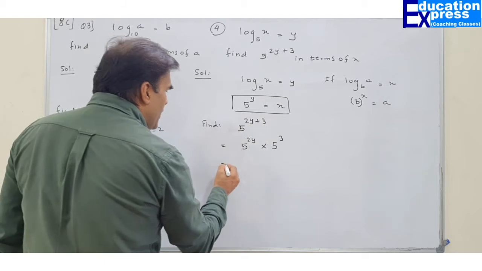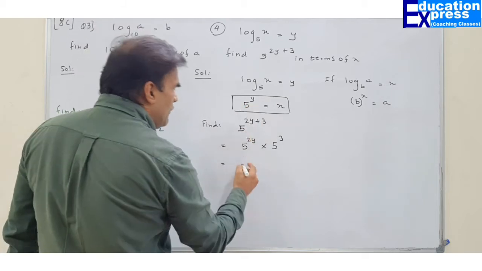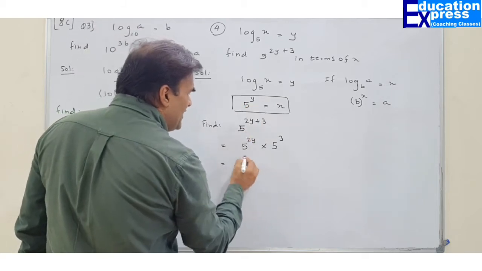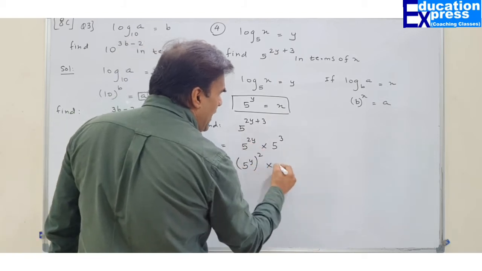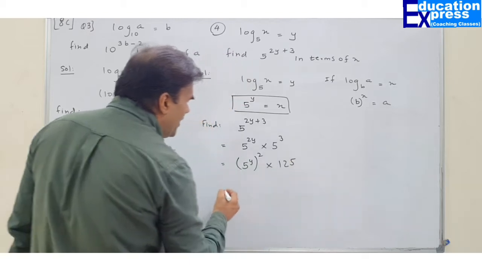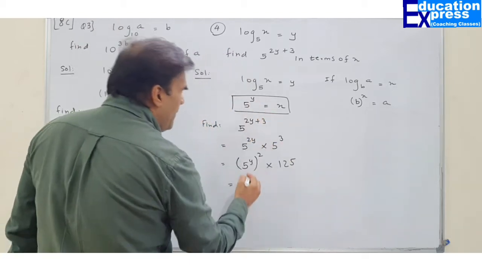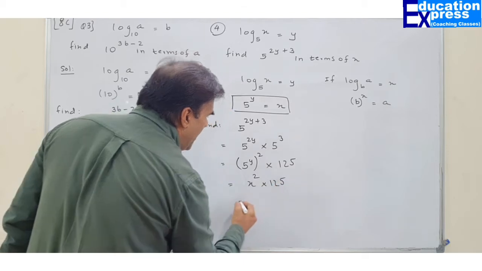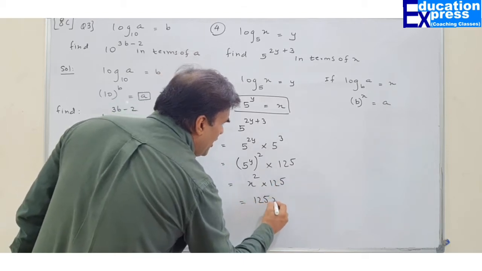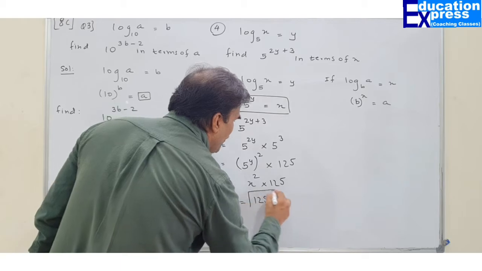Of course, sir. Since the value of 5 raised to y is known to us, I will write this as 5 raised to y whole square, multiplied by 125. So 5 raised to y is x, this is x square multiplied by 125. My final answer would be 125x square.